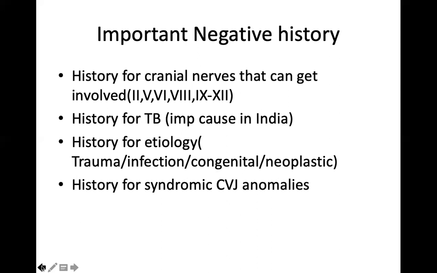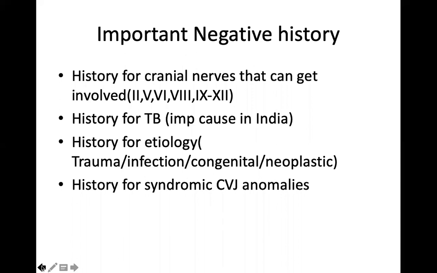Then history of etiology, like tuberculosis, which is an important cause of any spine pathology in India, right from CV junction TB, Pott's spine, subaxial spine, everything. Intramedullary tuberculosis is also reported. So all this has to be asked. Then in any case, you should always ask what etiology you are suspecting, whether it's trauma, infection, congenital, or neoplastic.